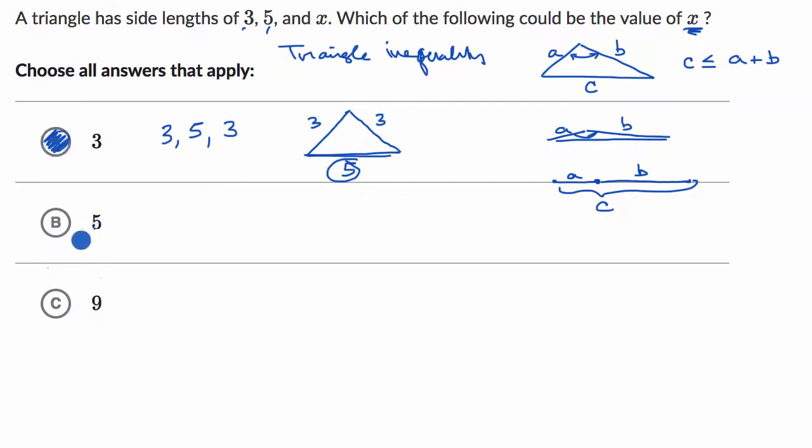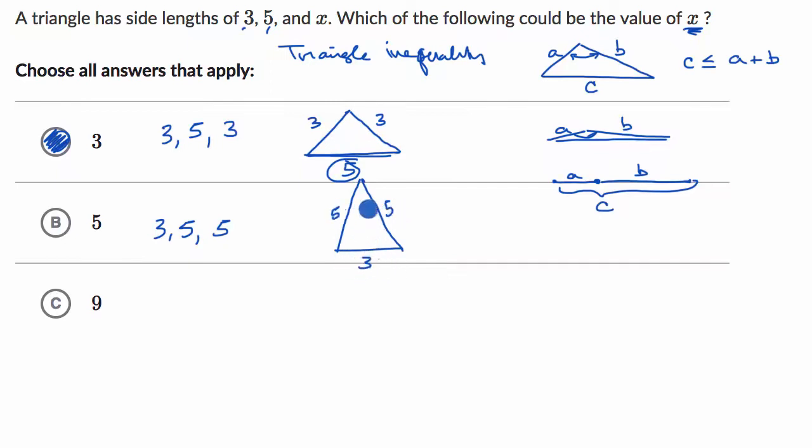Now, what about 5? Well, that would imply a triangle that has side lengths 3, 5, and now x is going to be 5 again. We could try to visualize that. Let's say I have a side length 3 like that, and then I would have one side that is a 5, and then I have another side that is a 5. It seems visually reasonable, and we could also validate that it meets the triangle inequality. Here, this base, the 3, isn't the longest side.